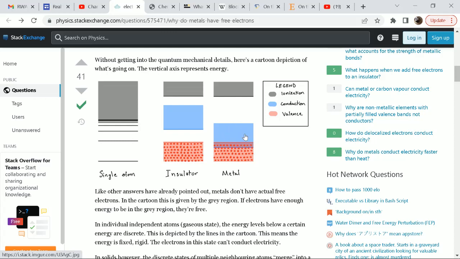area of conductivity. Now, when we have an insulator material, the area of conductivity and the area of valence electrons do not overlap. So it means that the electrons are unable to go into a conductive state. And when we increase the energy level even further, then we get to the ionization level.